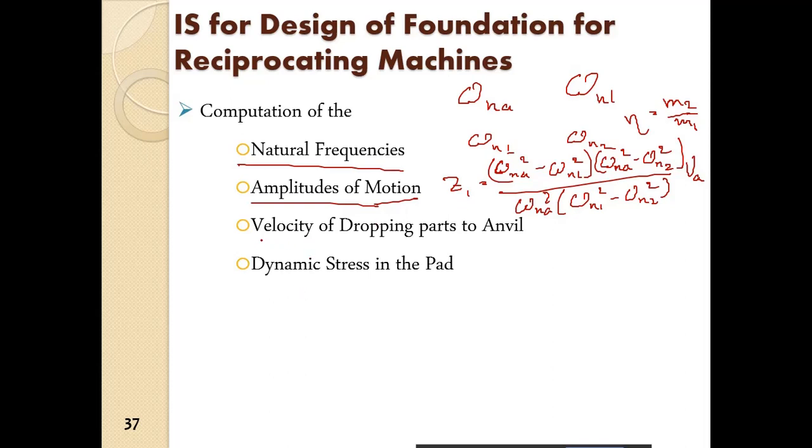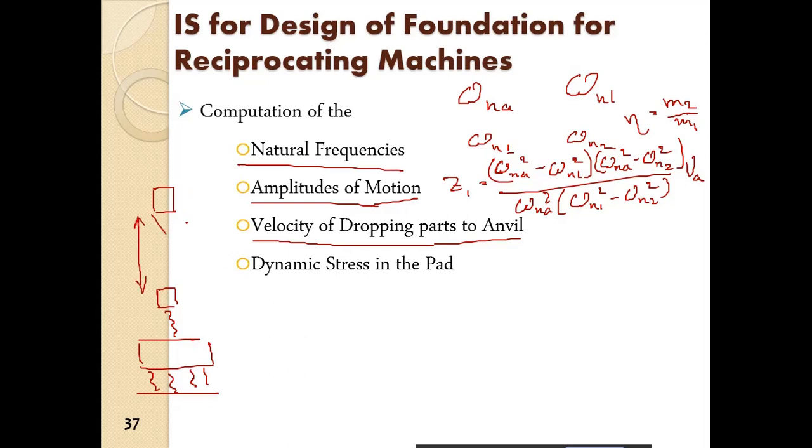Now the velocity of the dropping part to the anvil is very important. One way to obtain it is if you know the height of the fall. Suppose this is the hammer and this is the anvil, and you know this height.